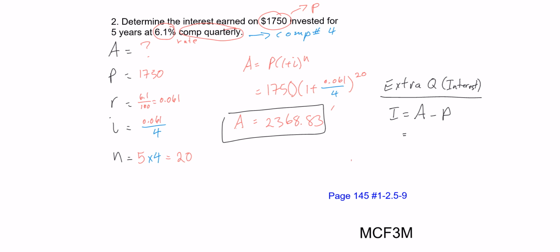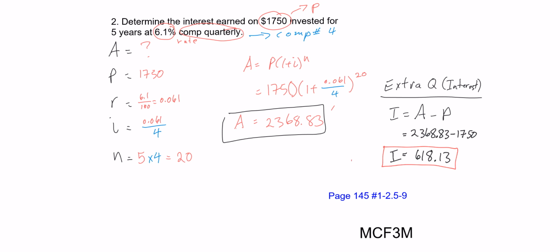We just subtract them. So we have 2368.83, and we're going to subtract 1750 from it. And we end up with approximately $618.13 for our interest. So anytime they ask you for interest, that's all you're doing. You must start by subtracting A minus P.